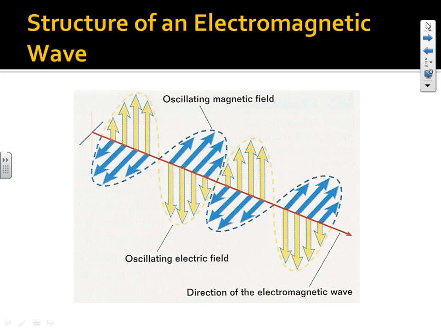It's almost like two snakes weaving in and out of one another. Do you have some sort of a picture in your head as far as what that looks like? So those two waves make up the electromagnetic wave. Like its name suggests, one of those waves is an electric field, one of those waves is a magnetic field.